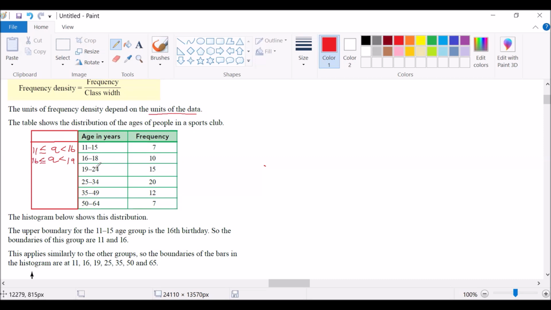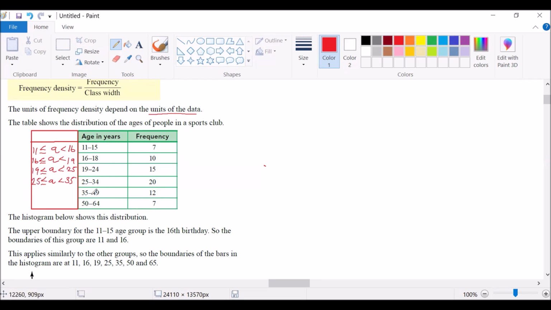The upper limit for 24 is 25. So any age that is less than 25 falls in the 24 category, and our lower limit is 19. For the age group 25 to 34, any age that is below 35 is 34, and our lower limit is 25.